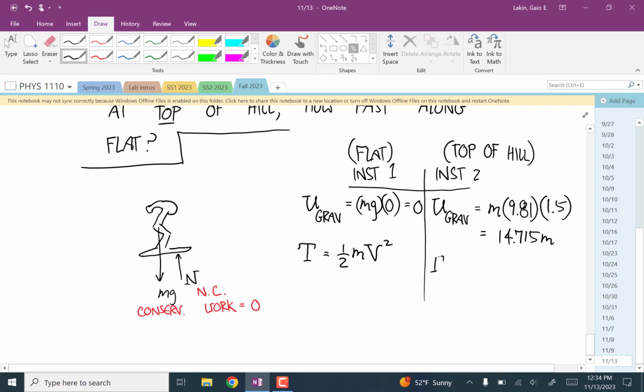And now the kinetic energy at the top of the hill is 1/2 times the mass. Do we know the speed at the top? That's 5, yep. So times 5 squared. So that's 25 divided by 2, 12.5 times the skier's mass.